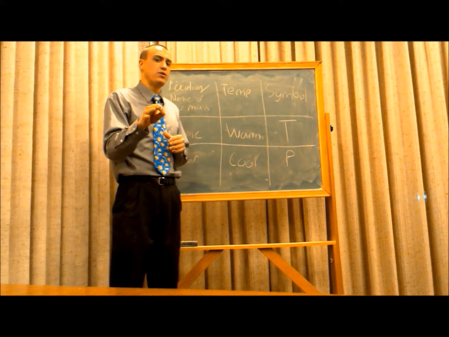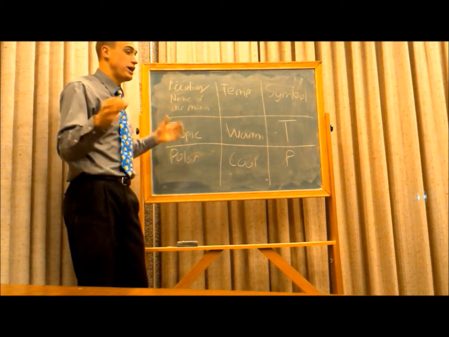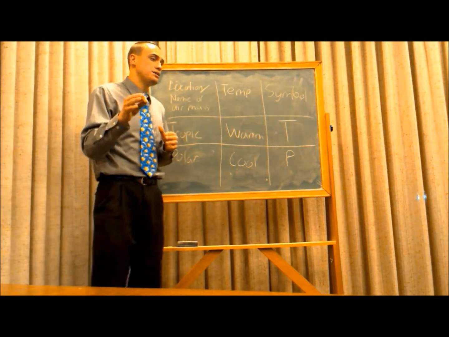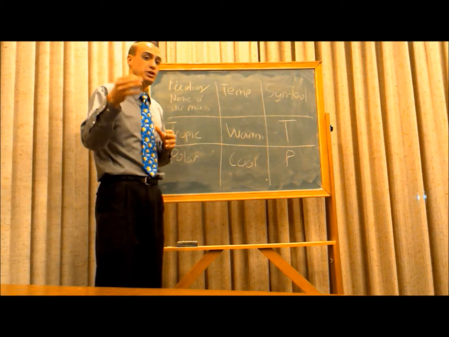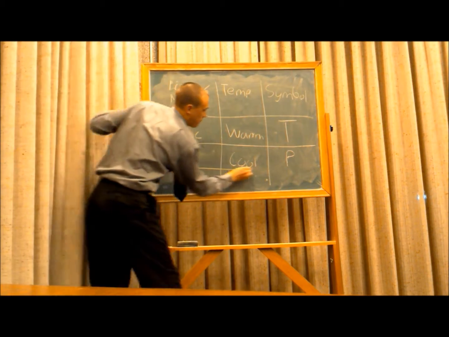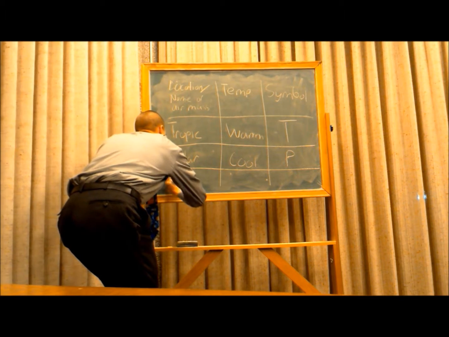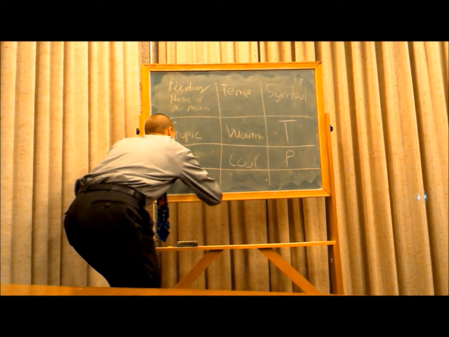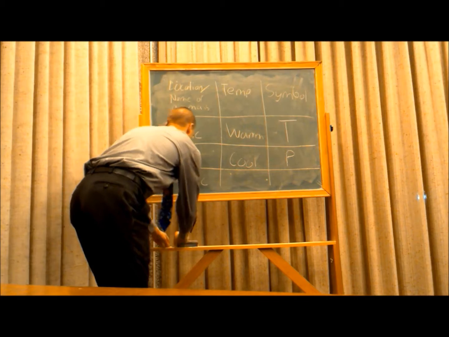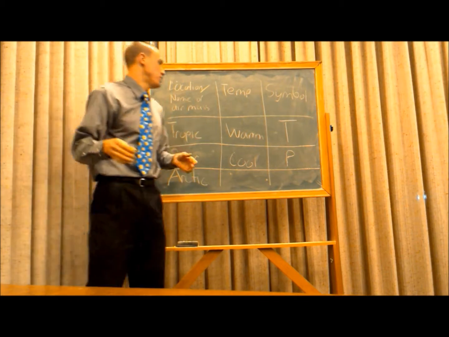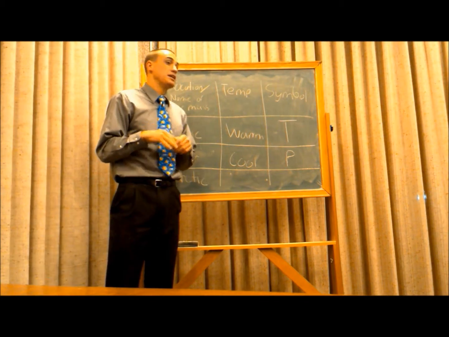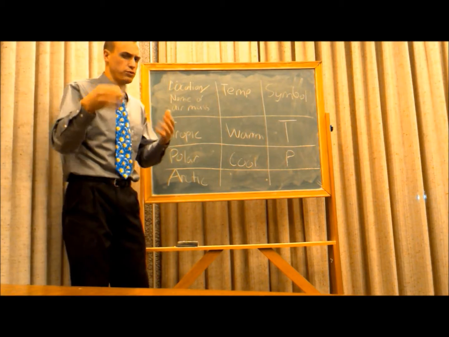Now, the final category that we have to talk about in the location of air masses is an Arctic region air mass. So, as you can probably imply, an Arctic region air mass contains very cold, frigid air.